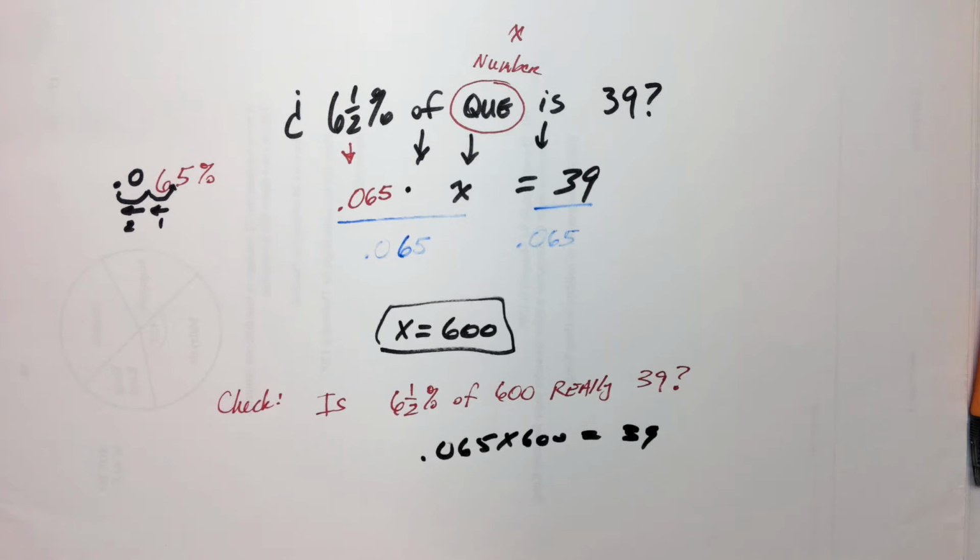Who's got a question for me? None? So we practically have to read the question out loud. It's funny, right? If you read it, it's really obvious what to do. But you've got to read it.